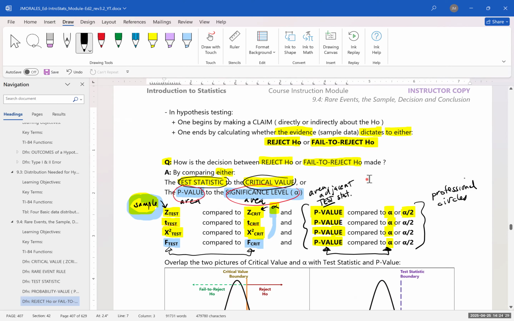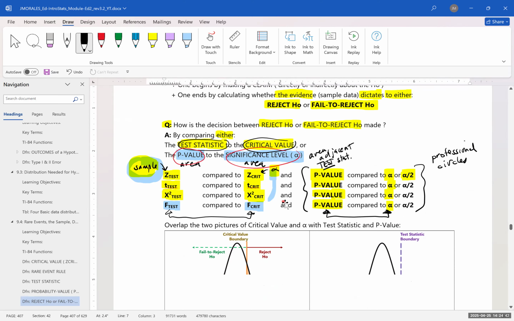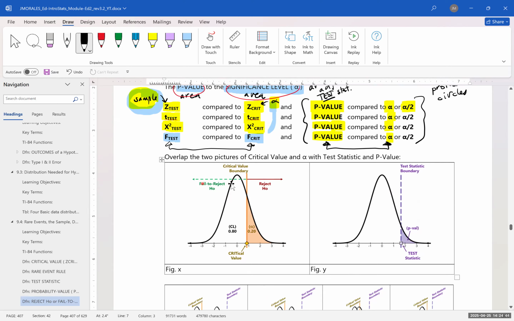So how do we do this comparison between what we glean from a sample and what our constraints are, like our confidence level or significance level constraints? So what I've done is I'm showing two separate pictures here. The picture on the left is showing the critical value boundary and everything around it, right?